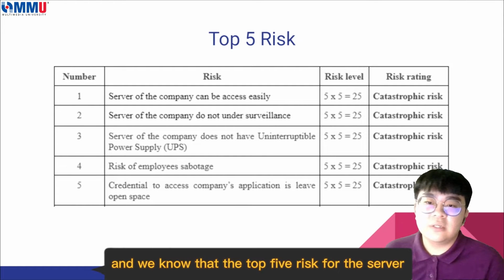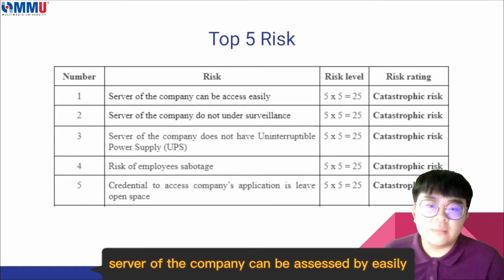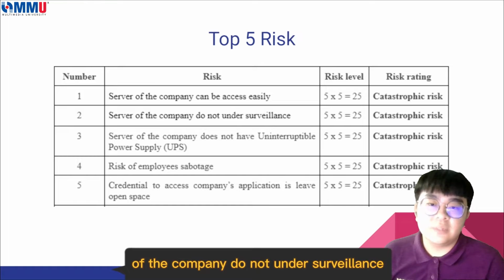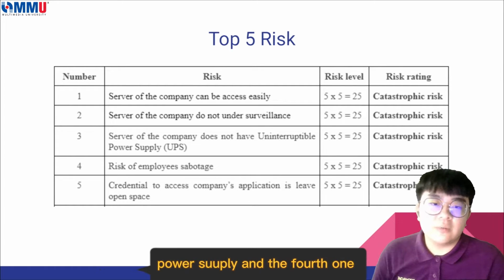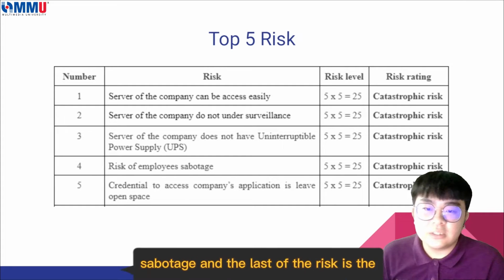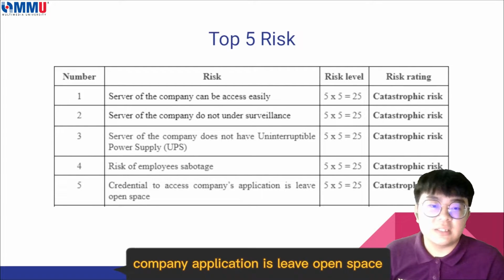The top 5 risks for the server are: the server of the company can be accessed easily, the server of the company is not under surveillance, the third one is the server of the company does not have an uninterruptible power supply, the fourth one is the risk of employee sabotage, and the last risk is that the credentials to access company applications are left in an open space.